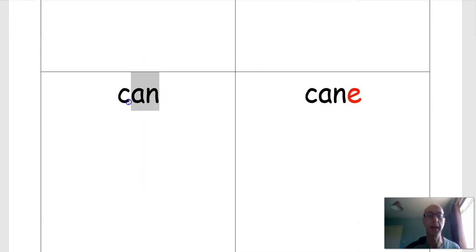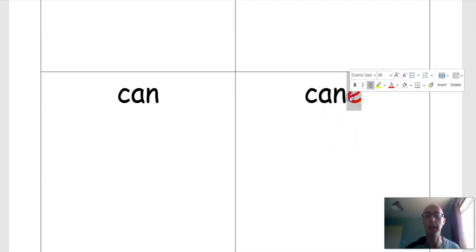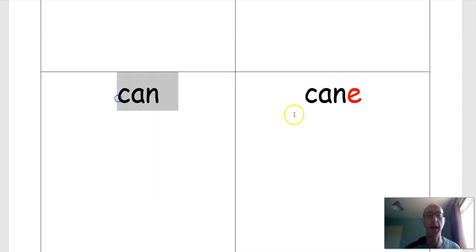We have can, and we have cane. Again, we put on the E and the A sound changes. We don't say the E, but the E changes the A. A cane is something that maybe an old person would use to help them walk, like a stick. So this is can, cane.